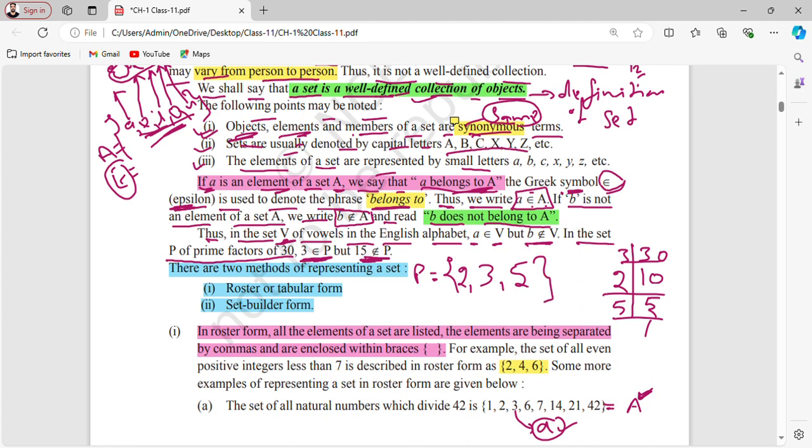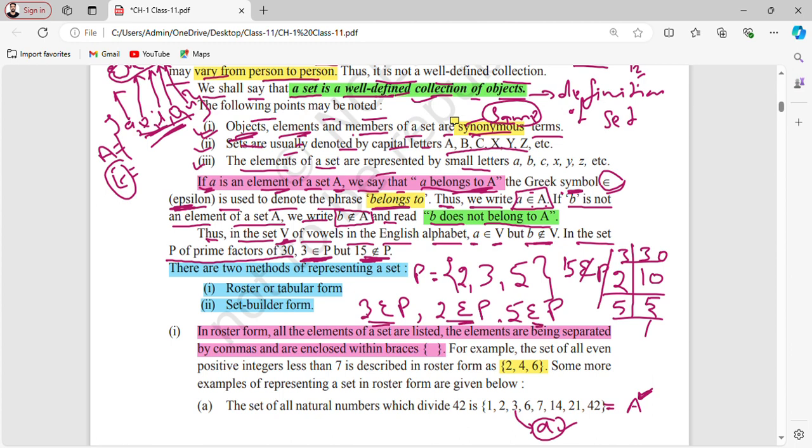So 3 belongs to P, 2 also belongs to P, and 5 also belongs to P, but 15 does not belong to P.